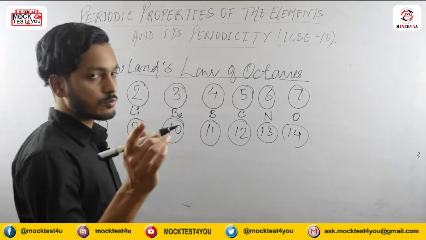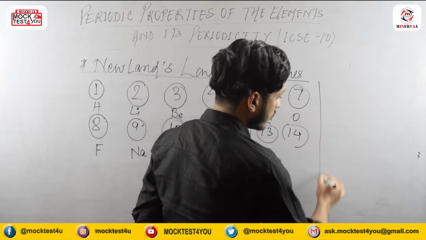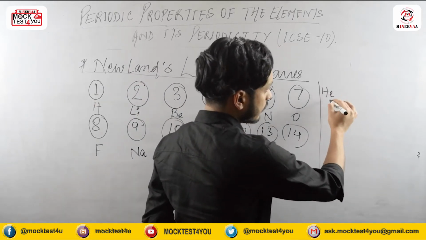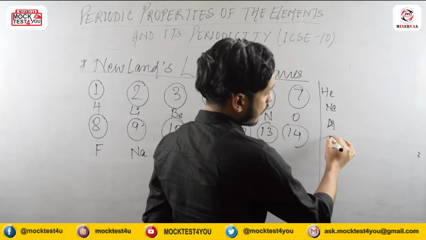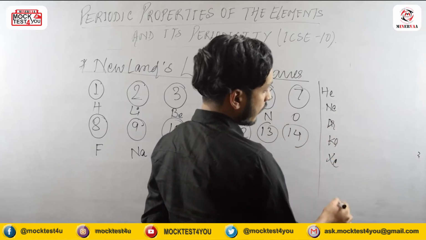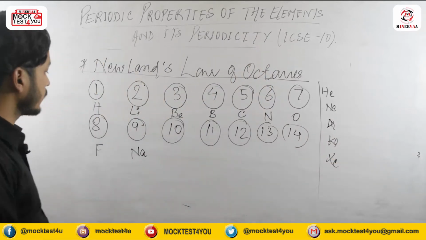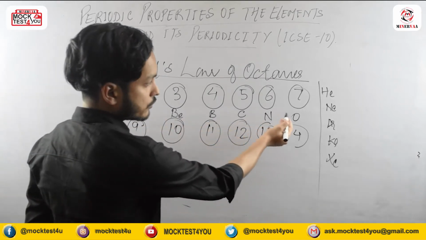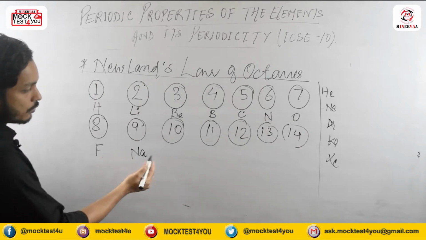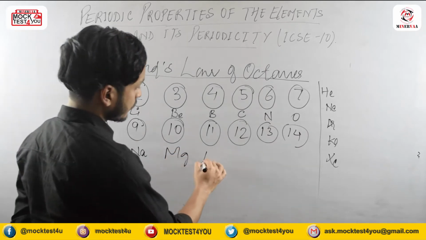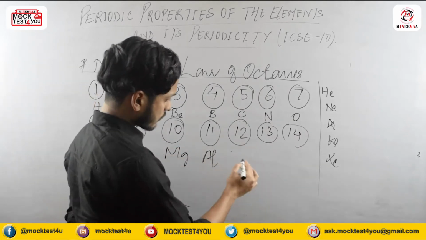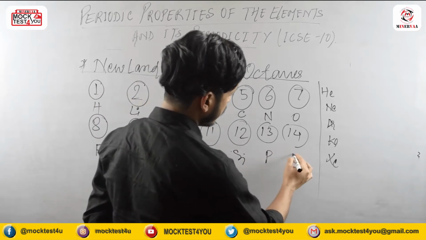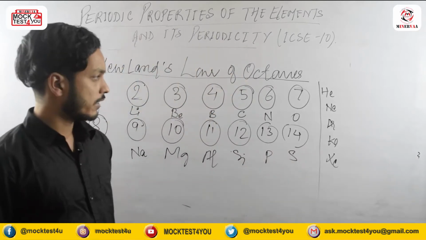At that time the noble gases, helium, neon, argon, krypton, xenon and radon, were not known. So: hydrogen, lithium, beryllium, boron, carbon, nitrogen, oxygen, fluorine, sodium, magnesium, aluminium, silicon, phosphorus and sulfur. In this way he arranged them.